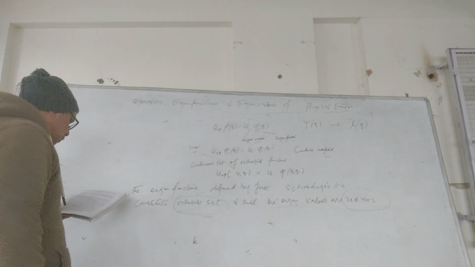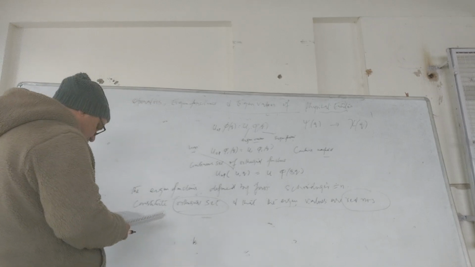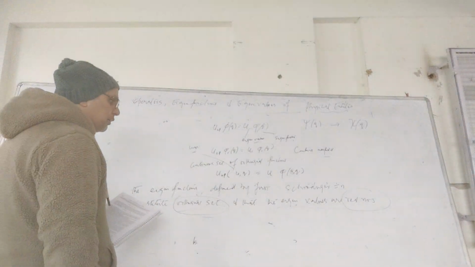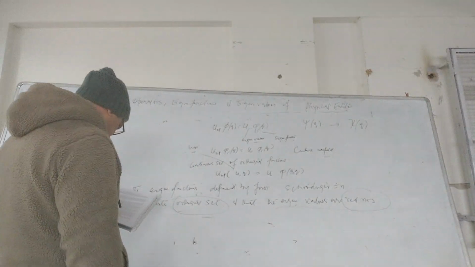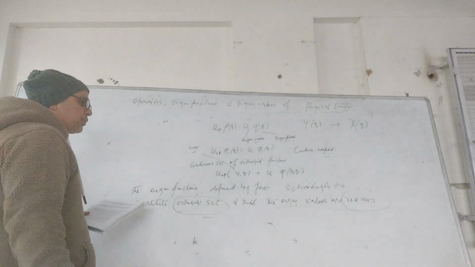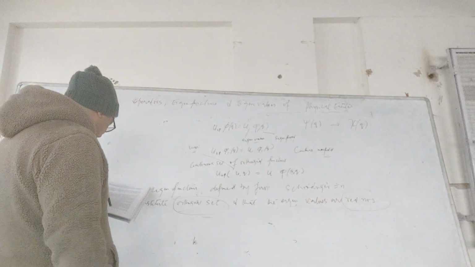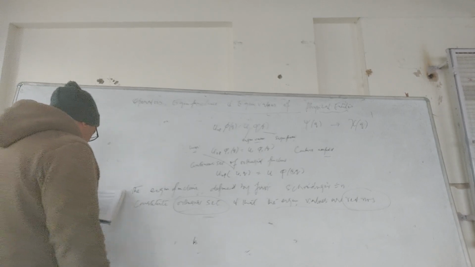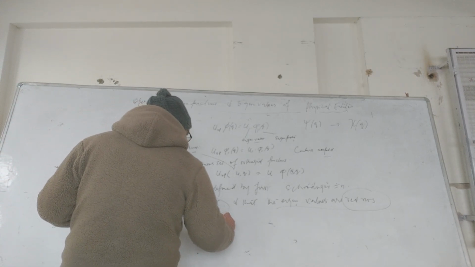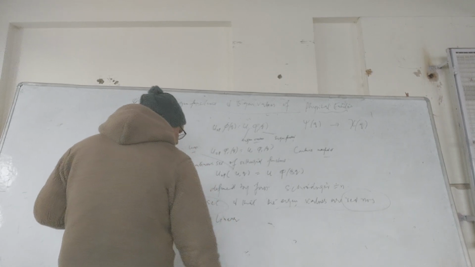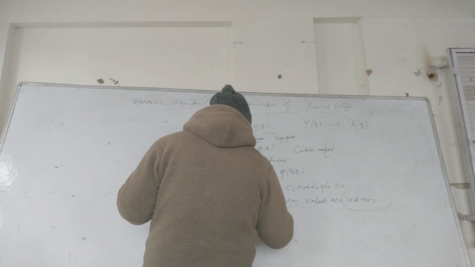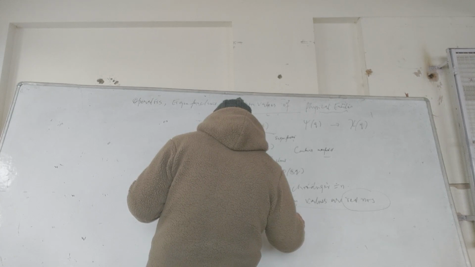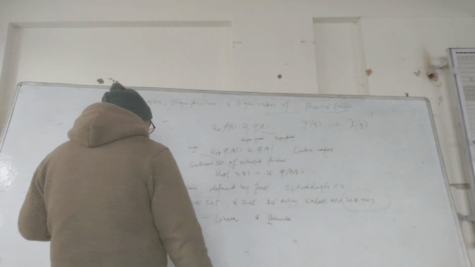There can be some other operators, non-commuting operators or commuting operators. So in quantum mechanics, the special type of operators we have are linear and Hermitian.